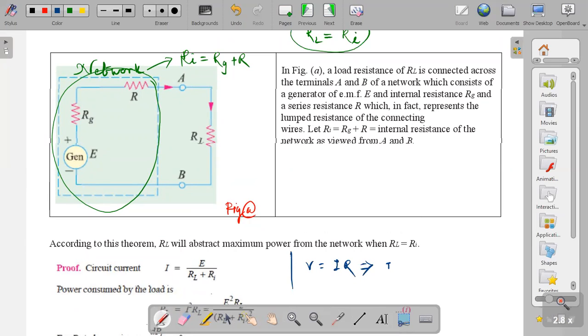If you want to find the current, I equals V by R. In this case V is equal to E, and R is the total resistance, RL plus Ri. Is it correct, dear student? Therefore we can write equation number 1, that is I equal to E upon RL plus Ri.